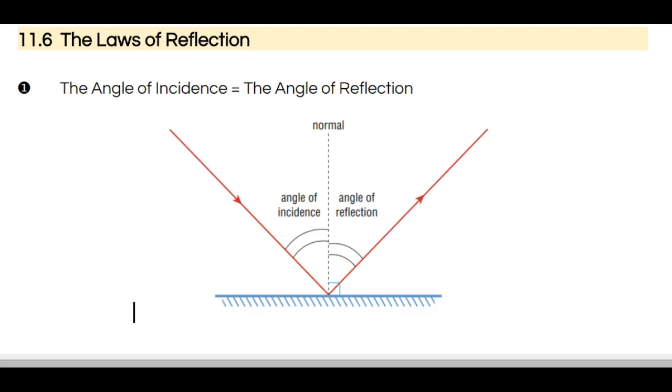So first off, the first law of reflection is that the angle of incidence is equal to the angle of reflection. Hopefully when you conducted your lab experiment and measured your angles of incidence and the associated angles of reflection, they matched pretty closely.